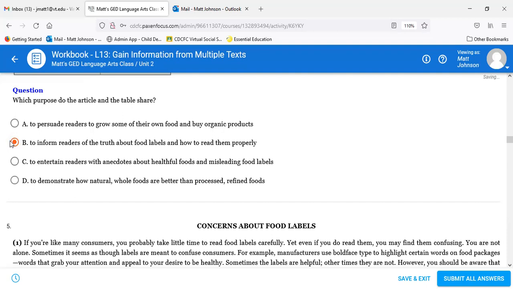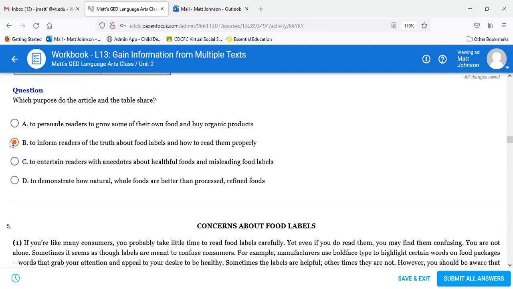So if we were looking for our purpose there, like we've done before, right? It's just good information between the table and our expository passage, right? So, the other ones, it's not really persuading us. If we wanted to add something about, it's good for your heart or it prevents cancer, things like that.